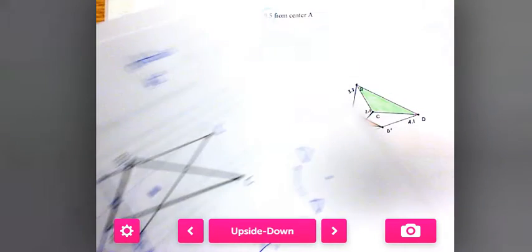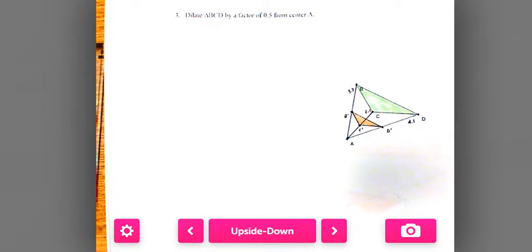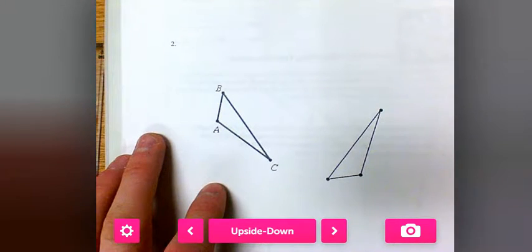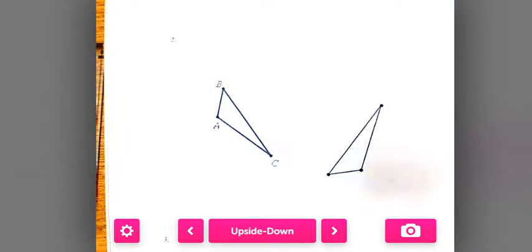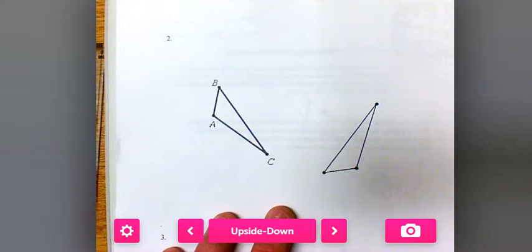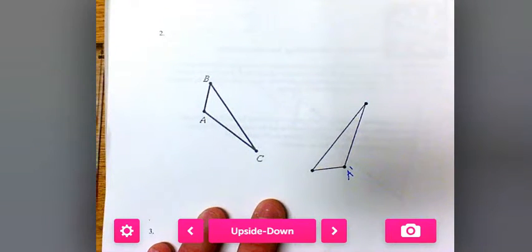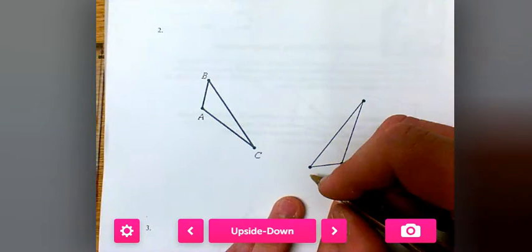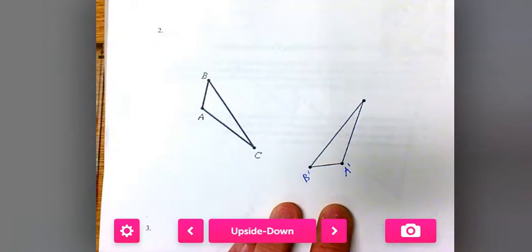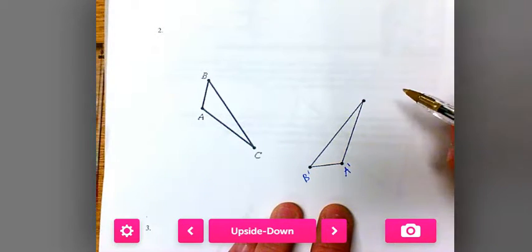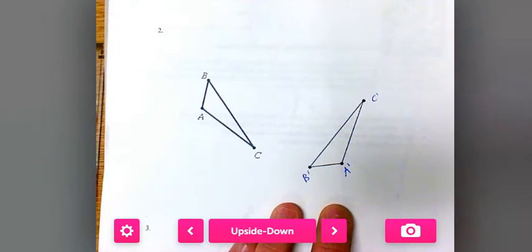Now, let me show you number 2, which is an example of what I want you to do with the intersections. First thing you've got to do is label it. So this is A prime down here, you've got B prime to the left, and up at the top, we have C prime.